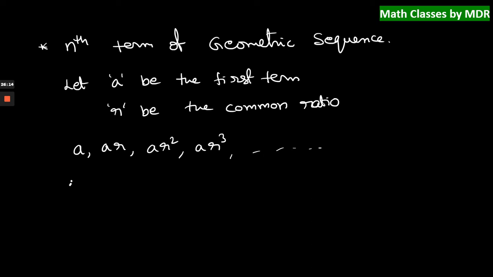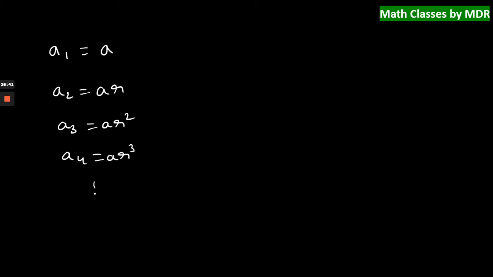So now how to find the nth term of this sequence? We know that this is the first term, the second term, the third term, the fourth term, and it goes on to fifth, sixth, seventh, and eighth. Now let us write all these terms in a common column. A1 is A, A2 is AR, A3 is AR square, A4 is AR cube, and so on up to An, which is AR power n minus 1.